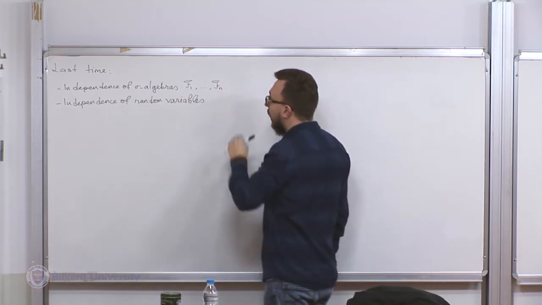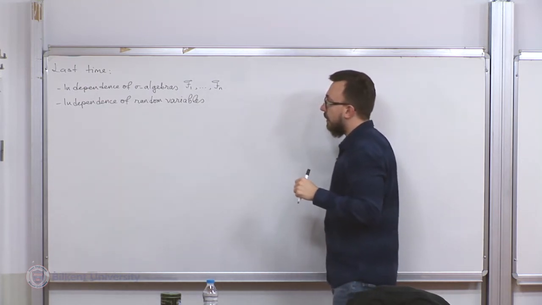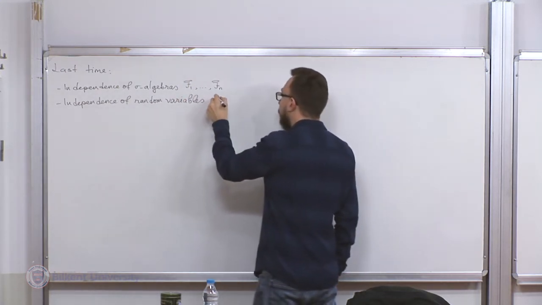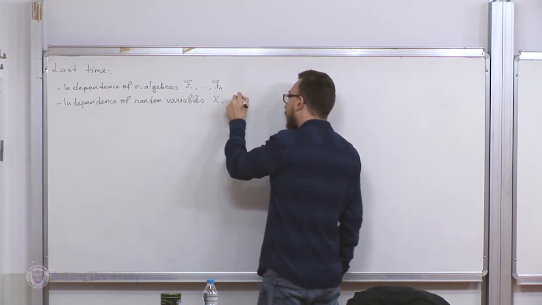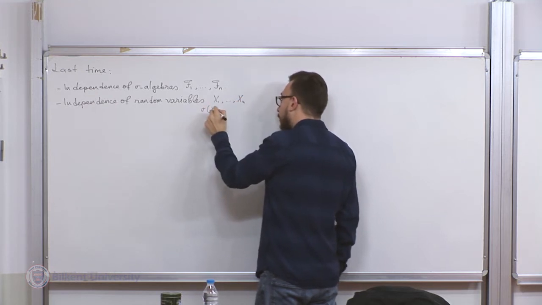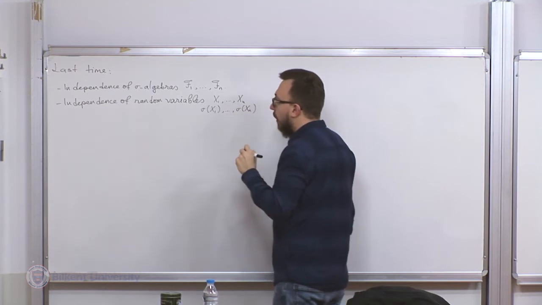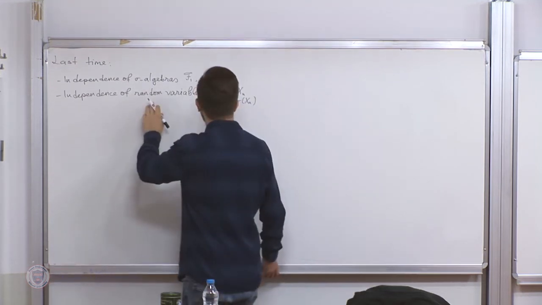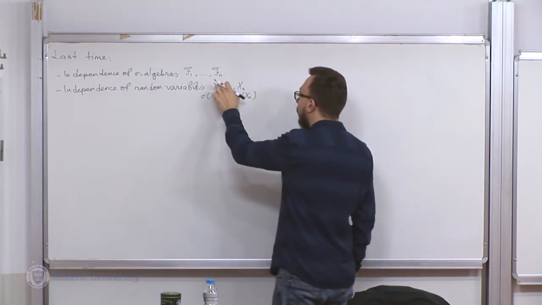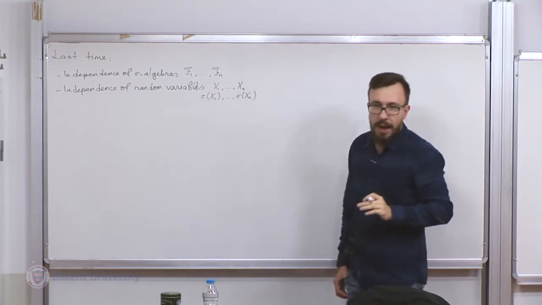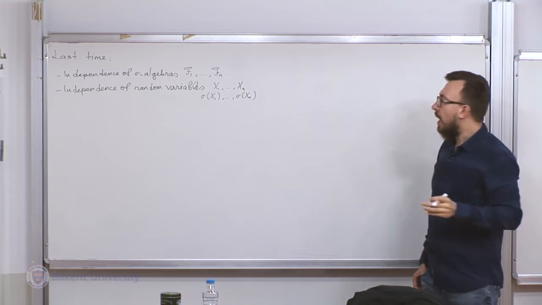And then we talked about some further characterizations. Then we defined independence of random variables, let's say X1 to Xn, as the independence of their corresponding generated sigma algebras. So this was for a general case where this X1 to Xn can take values in some abstract measurable spaces.